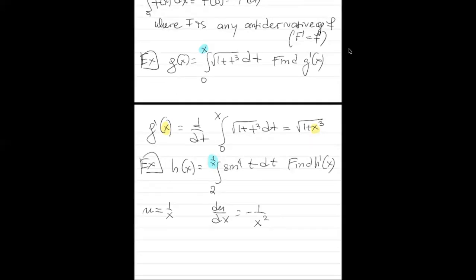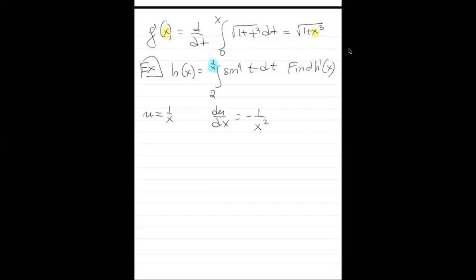So when we find our derivative, which is d dx of integral from 2 to 1 over x of sine to the fourth t dt, I'm going to use a substitution. So instead of d dx, I'm going to do d du first. So now from 2 to u, sine to the fourth t dt, and then du dx.